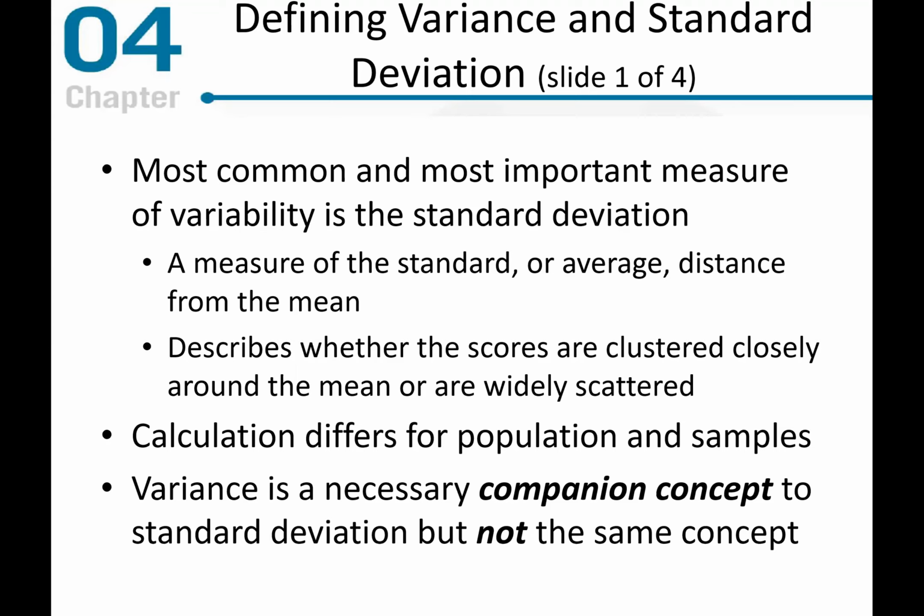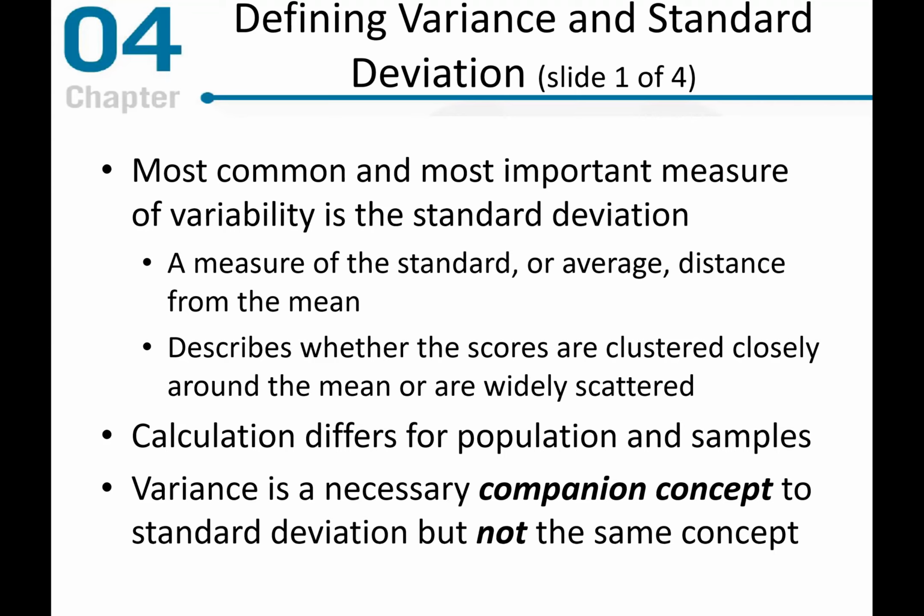We use it to describe whether the scores are clustered closely around the mean or are widely scattered. The calculation for the standard deviation is going to differ if we have a population or a sample, and I'm going to show you how to do both.